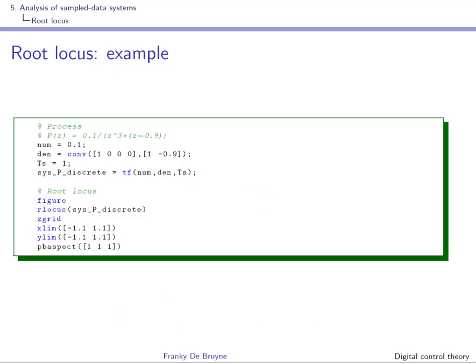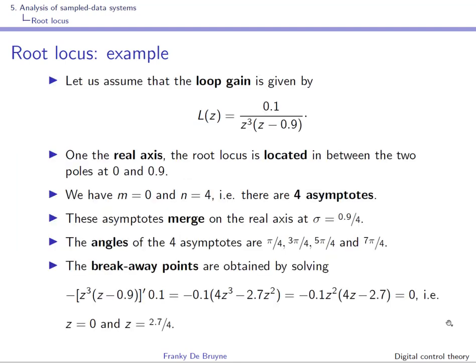Let us take an example. The example is over here, and have a look at the root locus. So this is the loop gain that we are considering. We have here no zeros and 4 poles. You have 3 poles at the origin and 1 pole at 0.9.